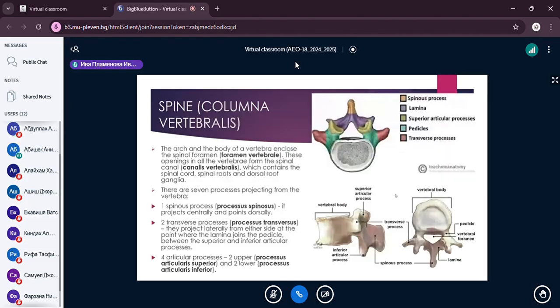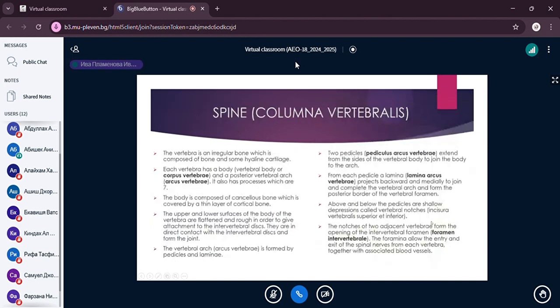You can see here. That's the vertebral body. Here are the 2 pedicles. This is the lamina. And they form vertebral foramen. We have also vertebral notches.